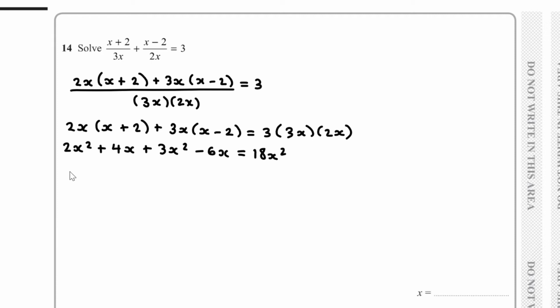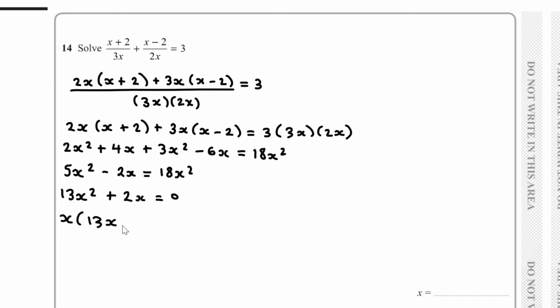So if I tidy up the left hand side, you'd find we have 5x squared minus 2x equals 18x squared. Simplifying by taking everything over to one side, we have 13x squared plus 2x equals 0. And if I factorize, we've got x lots of 13x plus 2 equals 0.